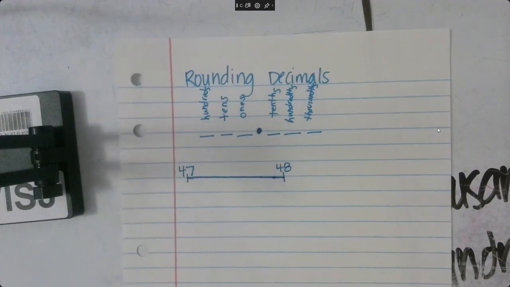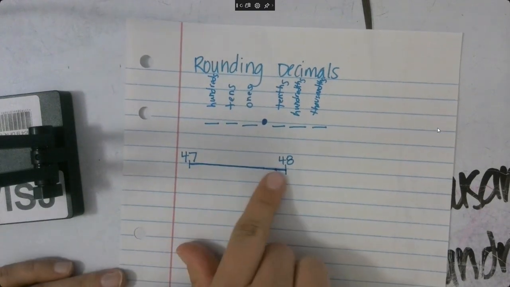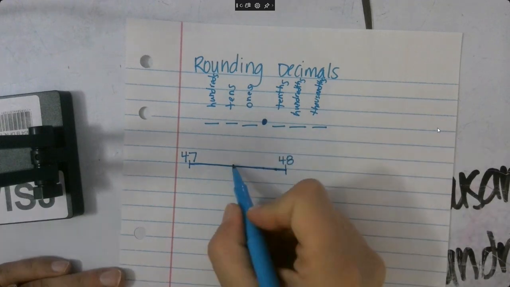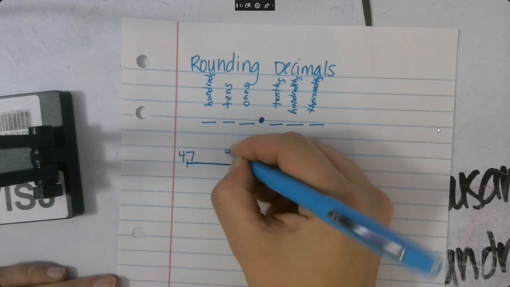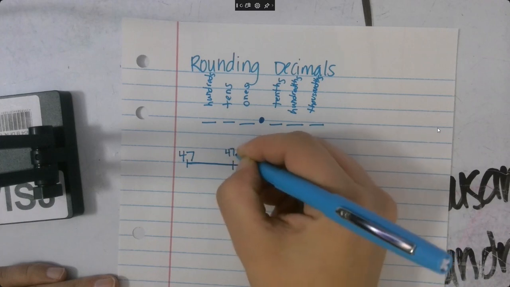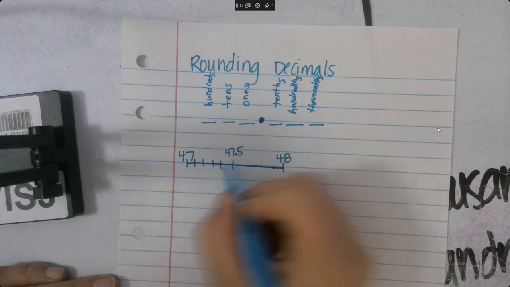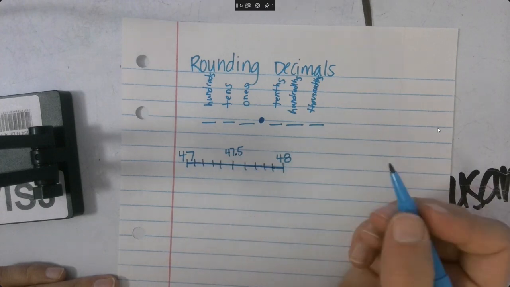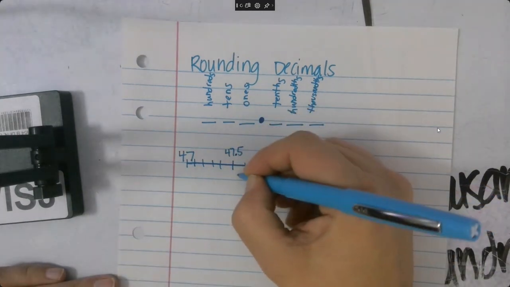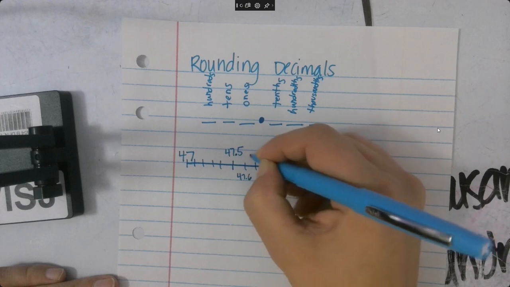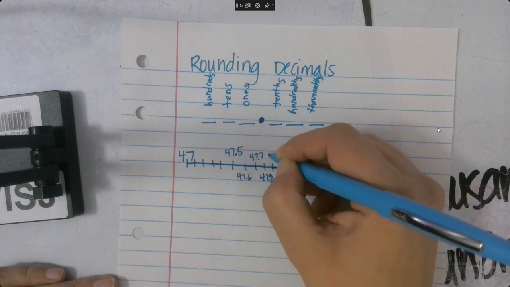Okay, so we have 47 on one end and 48 on the other. That means right in the middle, where we would normally have a 5 on a number scale, we have 47.5, 47 and 5/10. Then we have 1, 2, 3, 4, 1, 2, 3, 4. Each of these being another tenth, right?